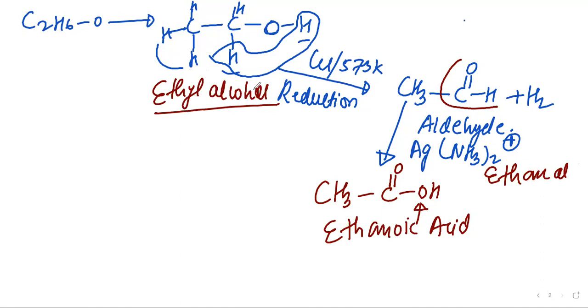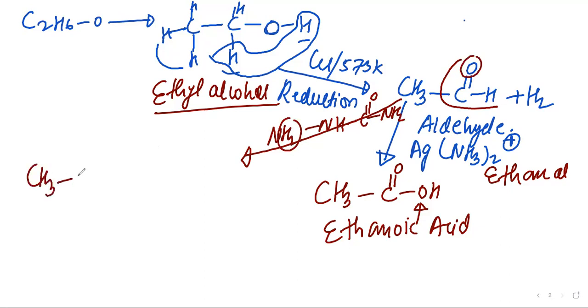Now this reacts with NH2NH C=O NH2. The H2 and the O are removed, so it becomes CH3C=N NH C=O NH2.